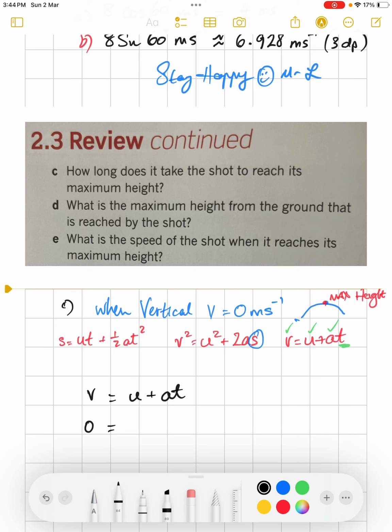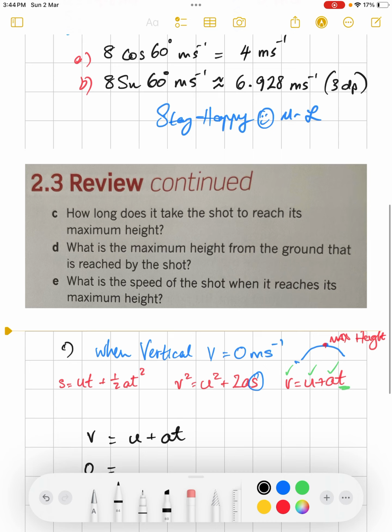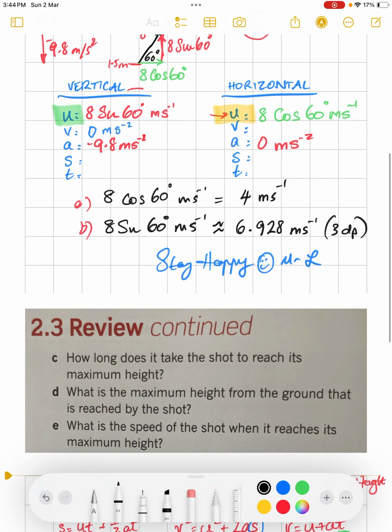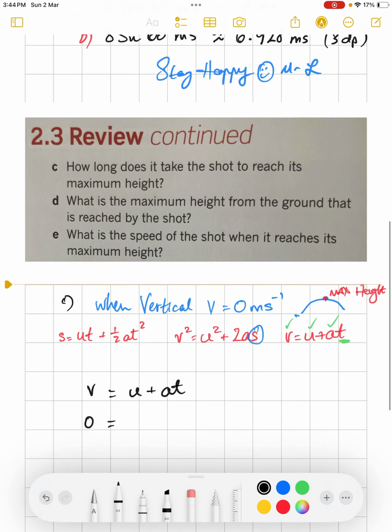V equals U plus AT. So the final velocity is 0. The initial velocity we said was 8 sine 60.